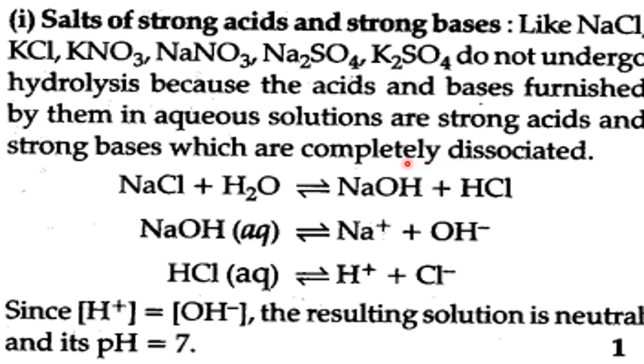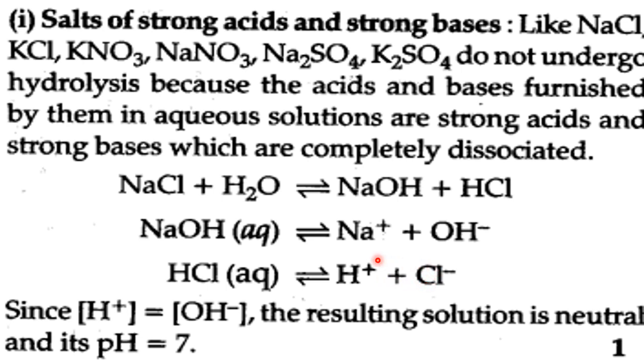When NaCl reacts with water, it gives NaOH and HCl. Both are strong electrolytes, so they dissociate completely. NaOH dissociates into Na+ and OH-, and in the same way HCl dissociates into H+ and Cl- completely.